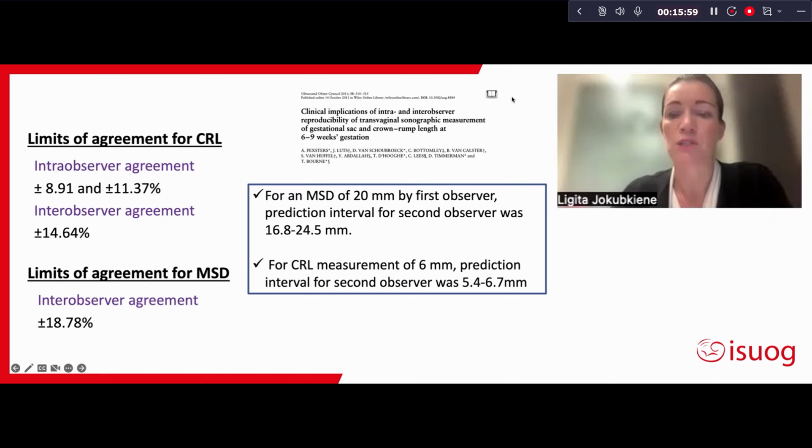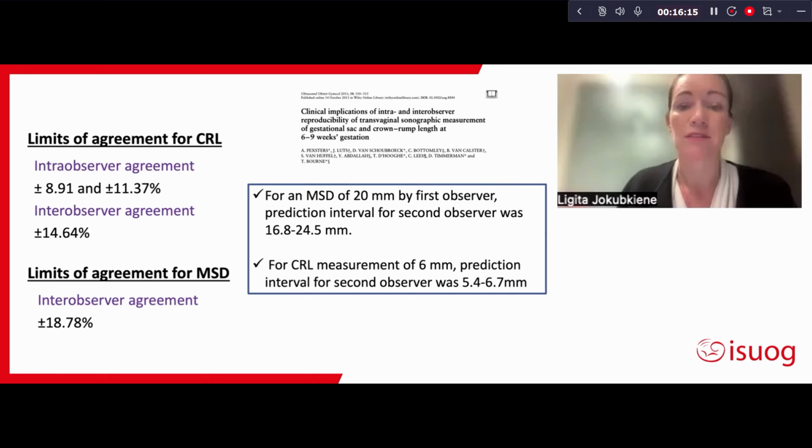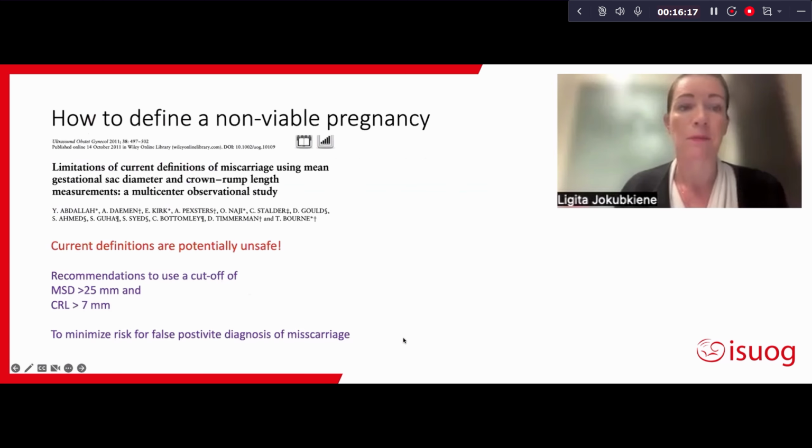So it means that we need to have a range, or we need to increase the cutoff for both MSD and CRL in order not to miss the viable pregnancy and treat it as a non-viable pregnancy.